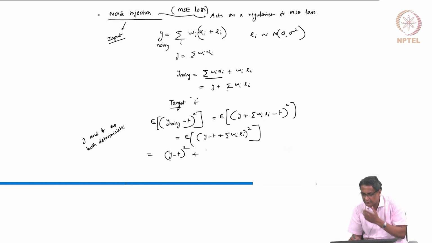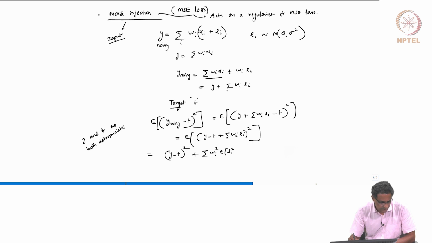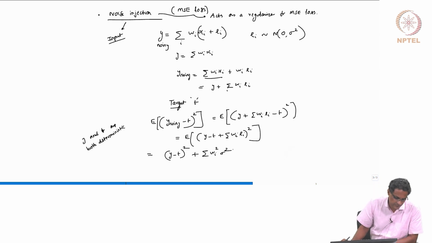If it is not, you replace it with the expectation of y minus t the whole square. If you expand this, because you are assuming that ei is 0 mean, that product term goes away. And because you are also assuming them to be uncorrelated, you will have the summation of wi square and then the expectation of ei square, which is simply sigma square, the variance, over i.